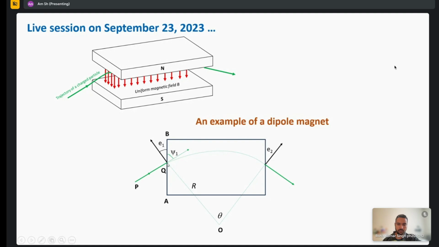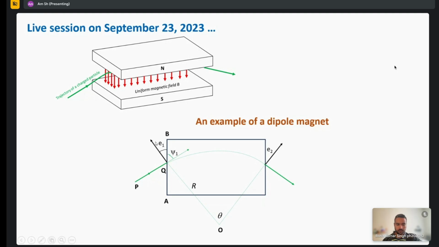It starts a circular trajectory from here to here, so there will be a radius of curvature R. And this will be the bending angle, meaning how much the angle has changed at the exit compared to the entry of the trajectory. And if this radius vector has a certain angle with this magnet edge, this is designated here as E1.